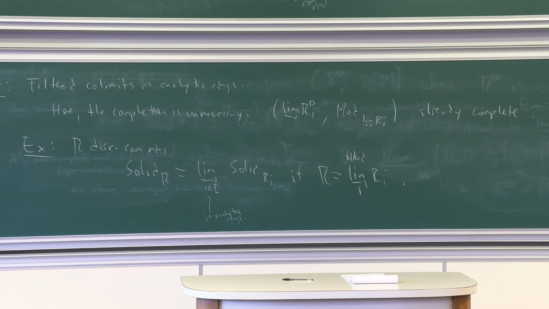So if you understand filtered colimits, then the next thing you should try to understand is pushouts.